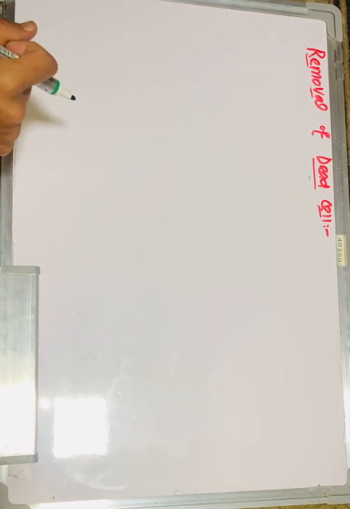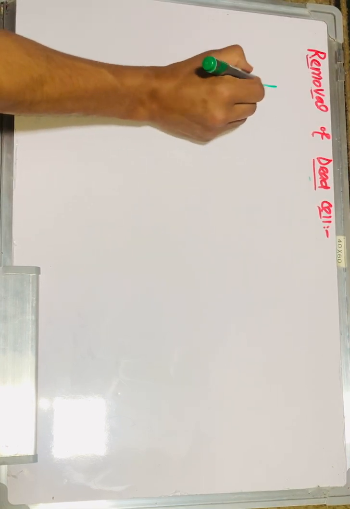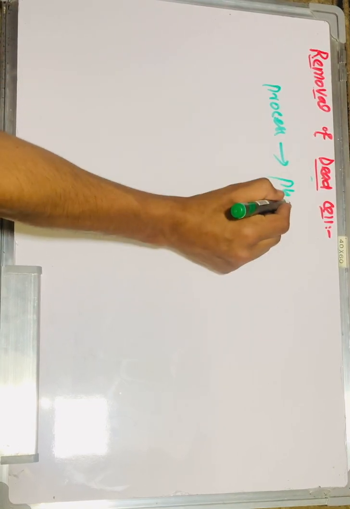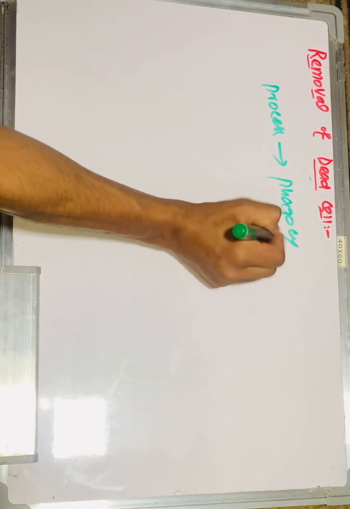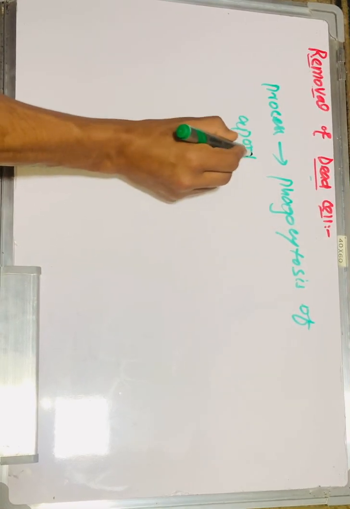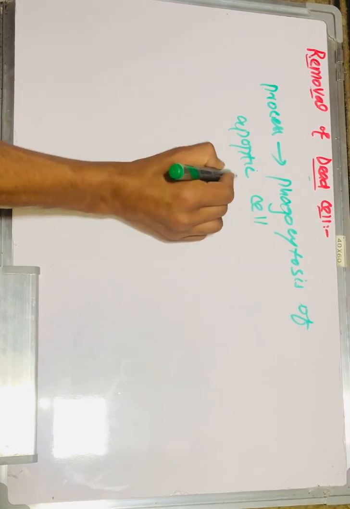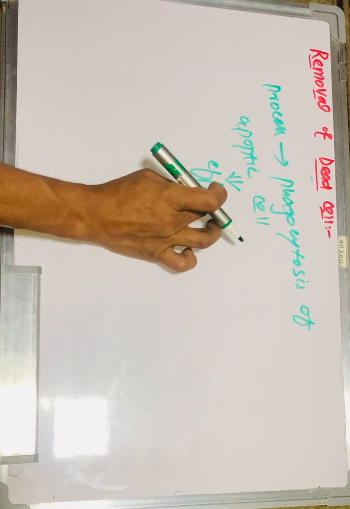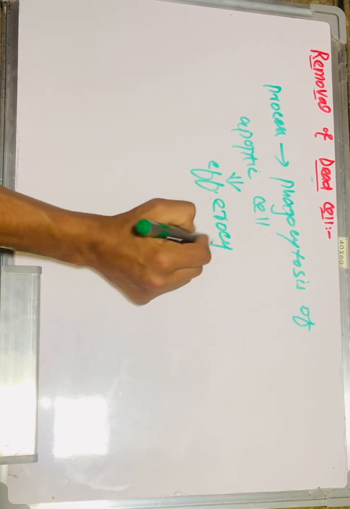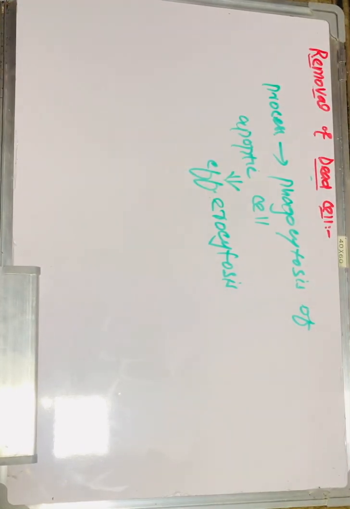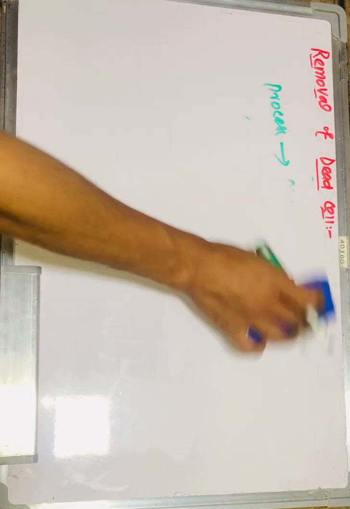The process of phagocytosis of apoptotic cells, the process by which the apoptotic cell is phagocytosed by macrophages, is called efferocytosis.